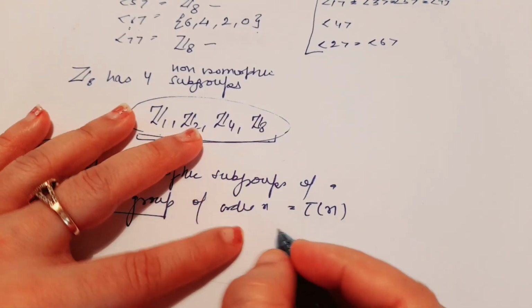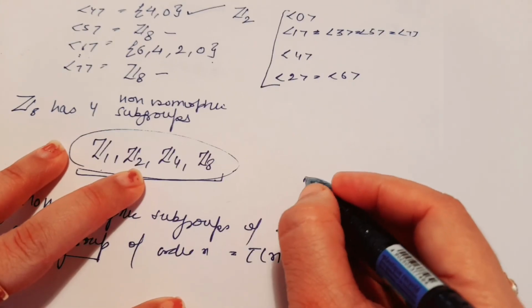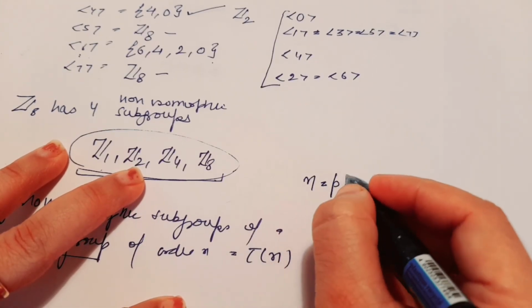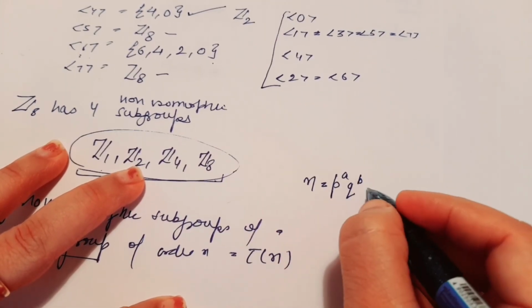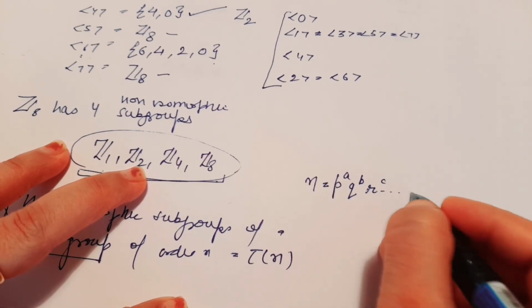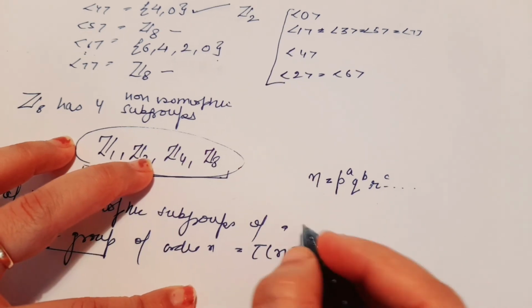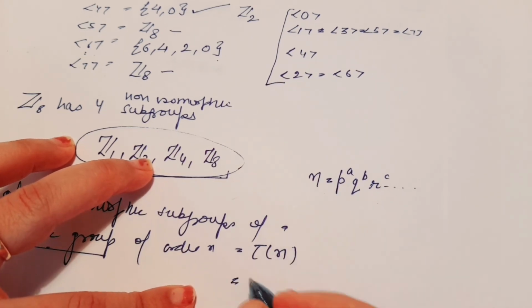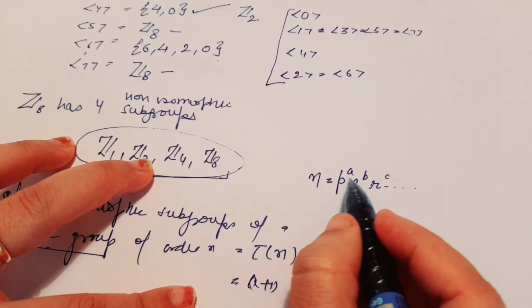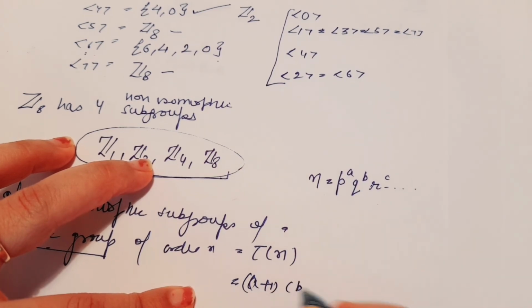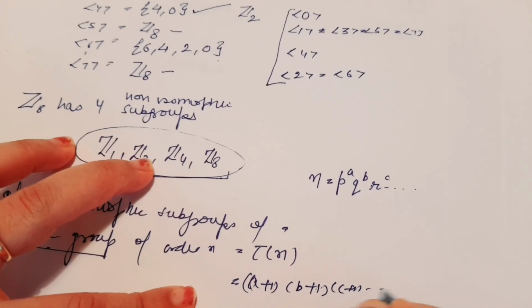What is the tau function? Whenever you have a number n and you do its prime factorization, p raised to power a, q raised to power b, r raised to power c and so on, where p, q, r are primes, then tau n is (a plus 1)(b plus 1)(c plus 1) and so on, meaning the powers plus 1.